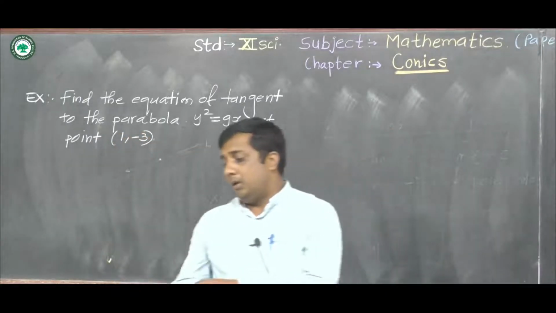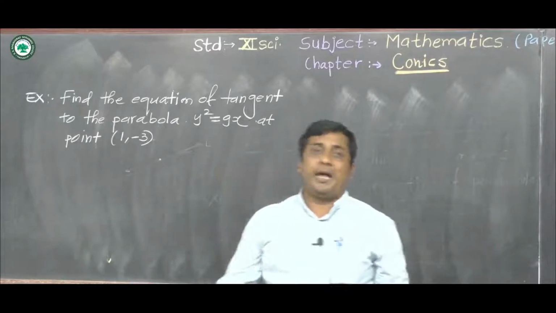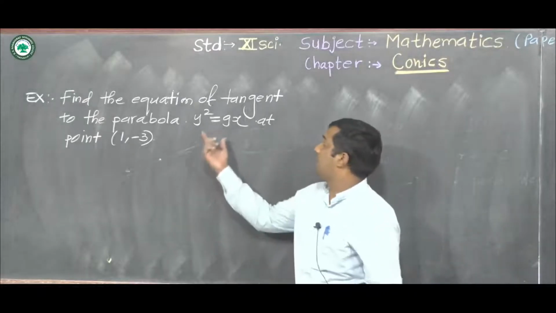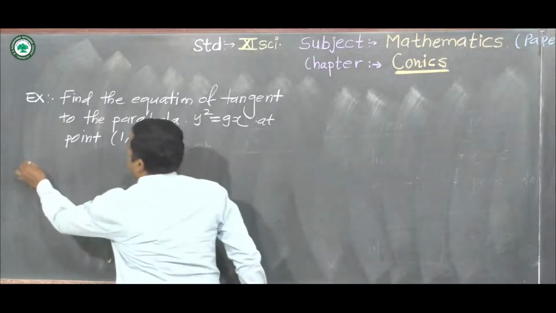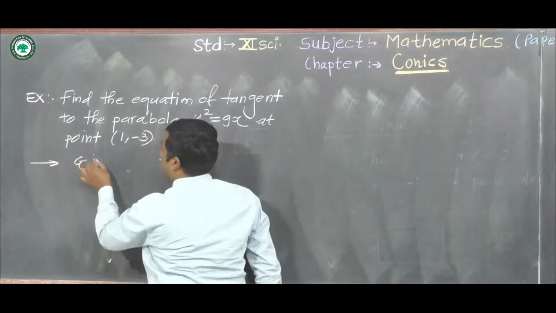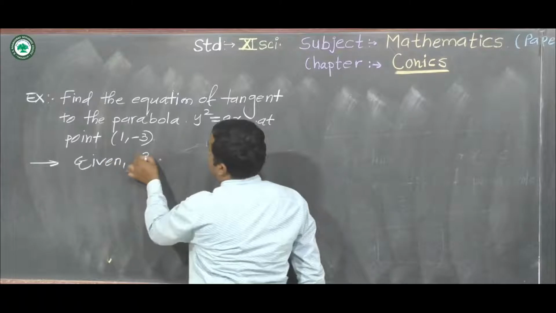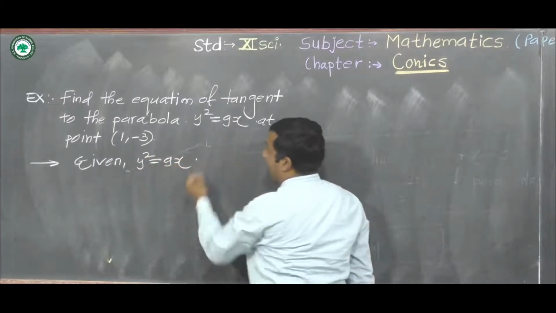To find the equation of tangent, the given equation of parabola is y square is equal to 9x. So we define the given things first: y square is equal to 9x.